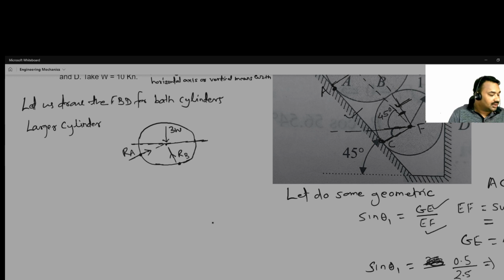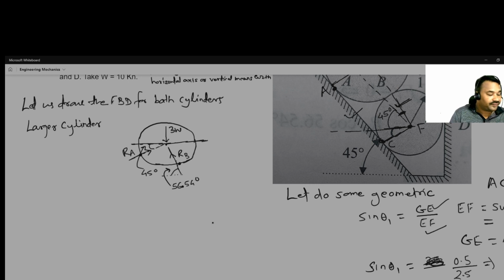Okay, so this angle is 45 degree, and this angle with the horizontal axis, which we have found out, is 56.54 degree.